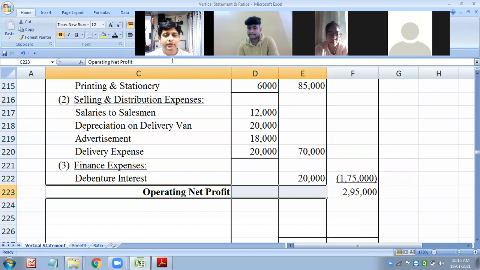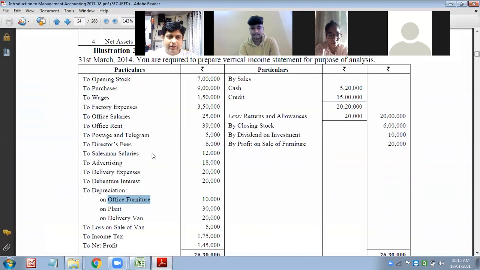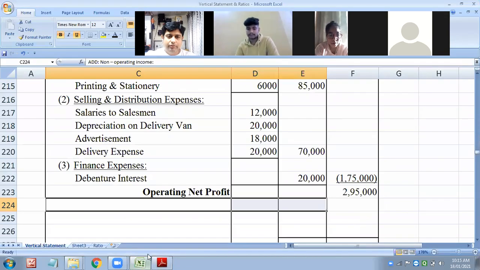All companies, limited companies, banking, insurance, all have vertical format only. They never follow horizontal format. So kindly give more and more time to understand this. As he has rightly asked, do we have non-operating items? Yes, we do. So we'll take up those items here.